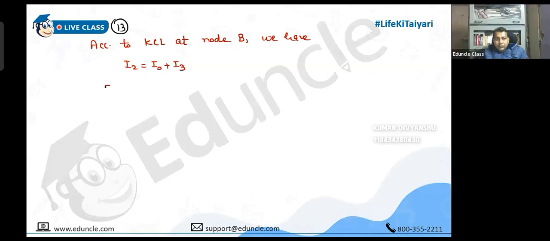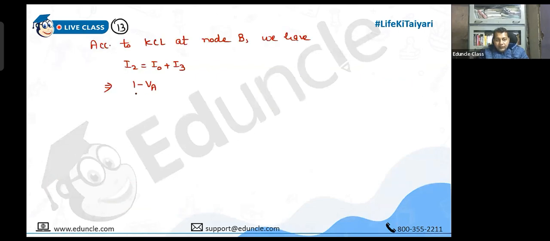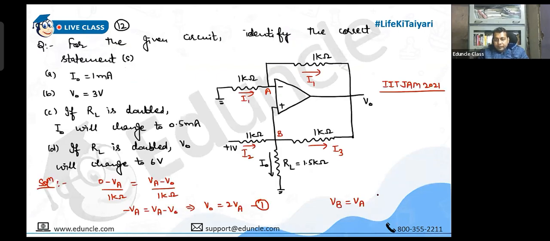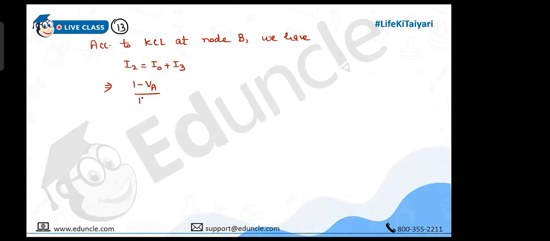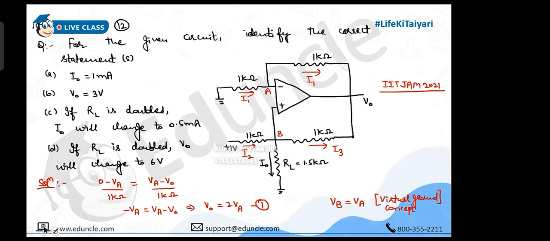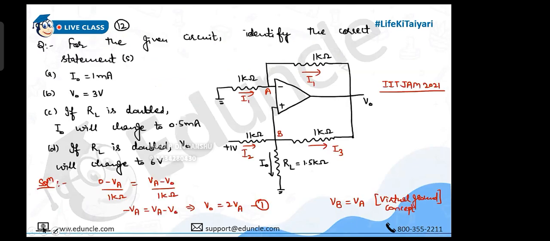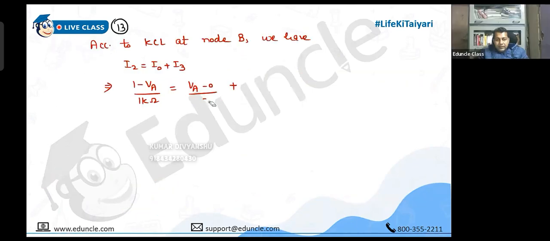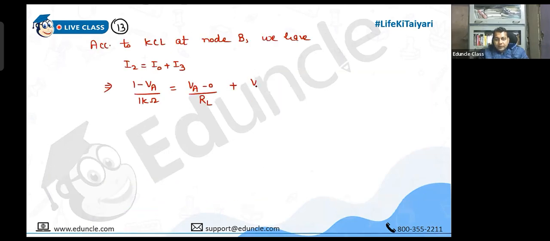Okay. So what is I2? 1 minus VB. So instead of VB, can I write VA? Let us get it in terms of RL only, because RL is also changing.